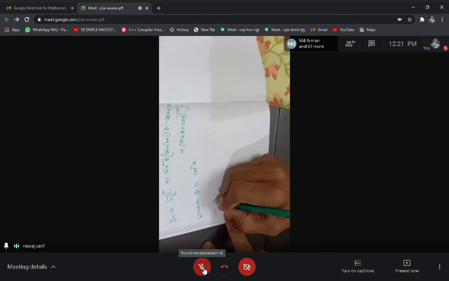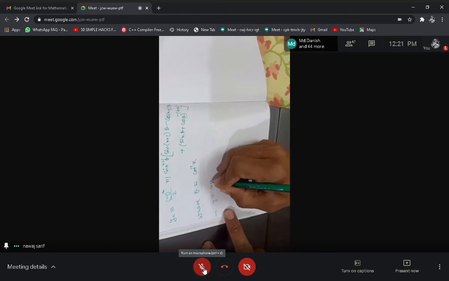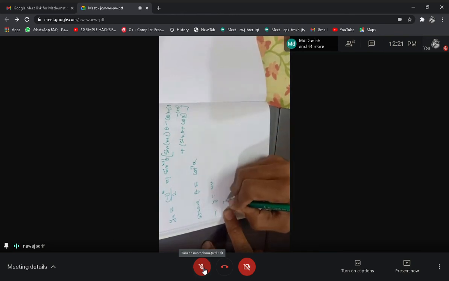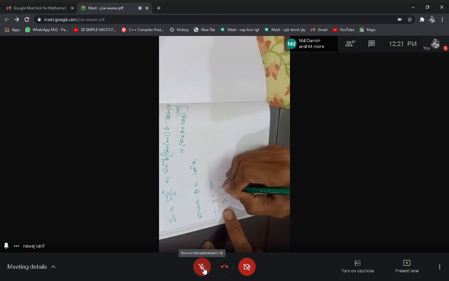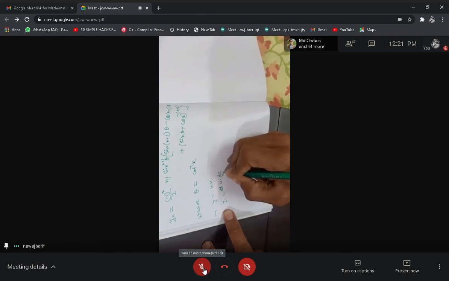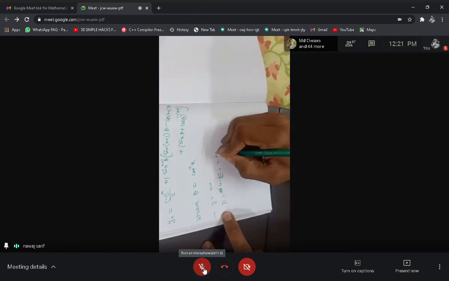If y equals u into v, where u and v are functions, then y1 is what? u into dv over dx plus v into du over dx. Yes, this is first order.